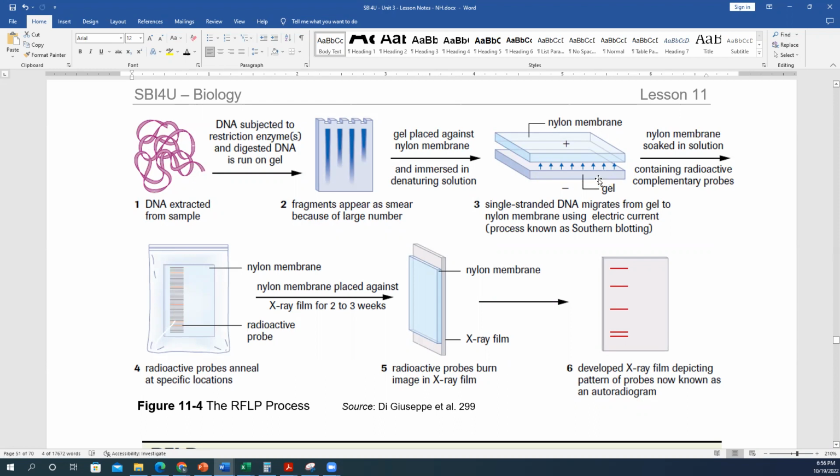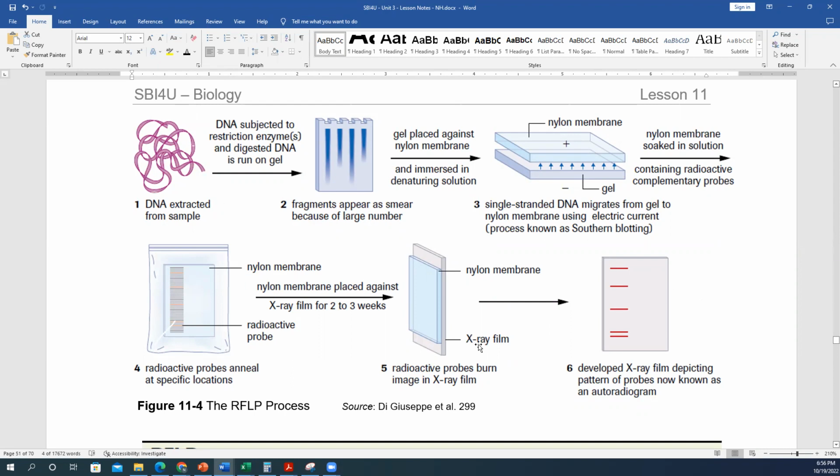These short complementary stretches of radioactive DNA are exposed to the membrane, and because of the complementary base pairing, these radioactive probes will bind to the DNA fragments on the membrane. And when this membrane gets exposed to an X-ray film, the radioactivity will create a mark on the film once you develop that film.